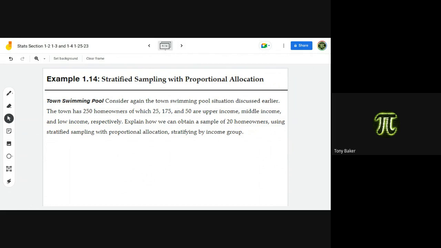Typically your homeowners are also your property tax payers. But who do they leave out? They leave out the renters. If you're renting, they might not ask you, they might ask whoever the landlord is, who may or may not live in the house that they're renting.